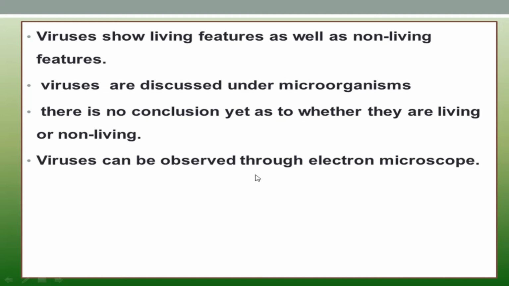Right, now we have learned that viruses show living features as well as non-living features. After that we have learned that viruses are discussed under microorganisms. There is no conclusion yet as to whether they are living or non-living. Viruses can be observed through the electron microscope.